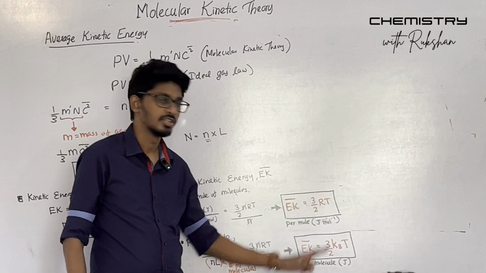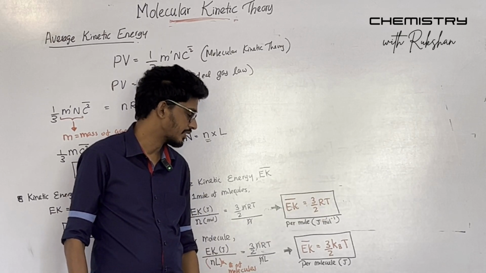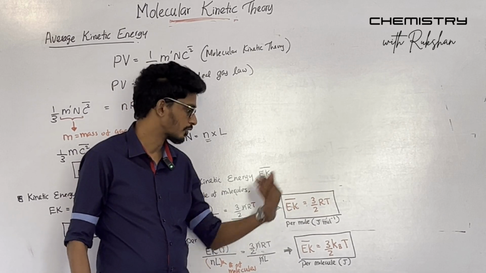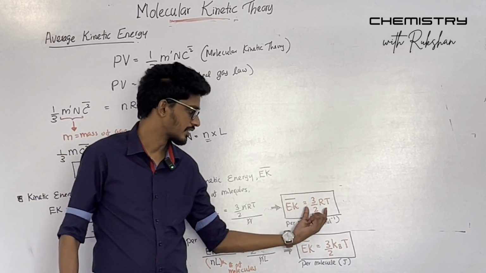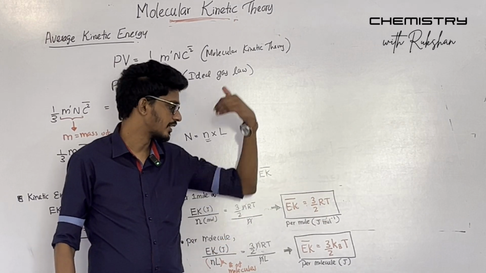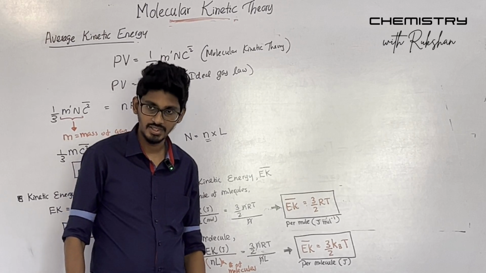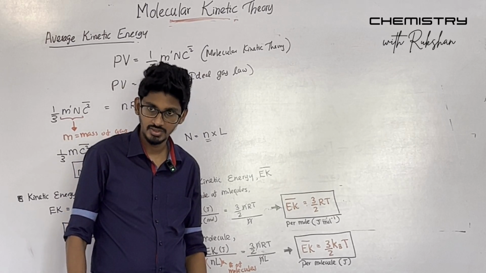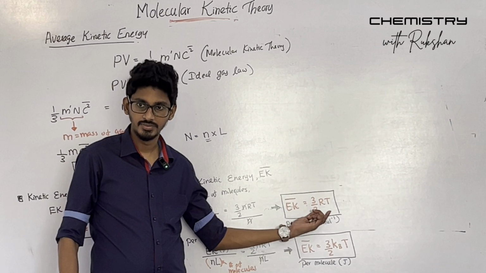As long as the same temperature is maintained, the average kinetic energy is the same. For 10 moles of N2 gas at 300 Kelvin and for 1000 moles of O2 gas at the same 300 Kelvin, both have the same average kinetic energy.